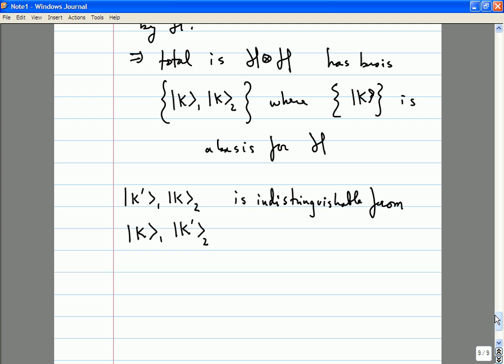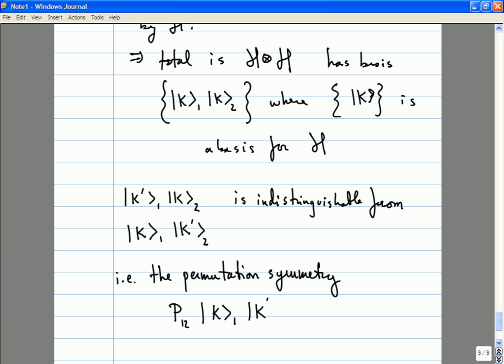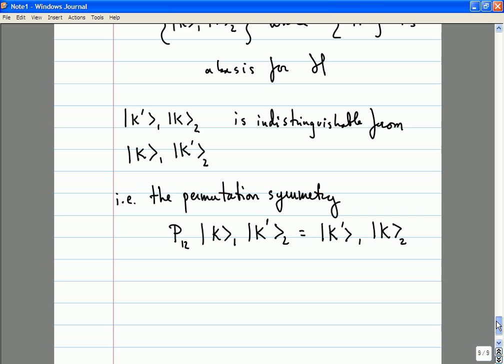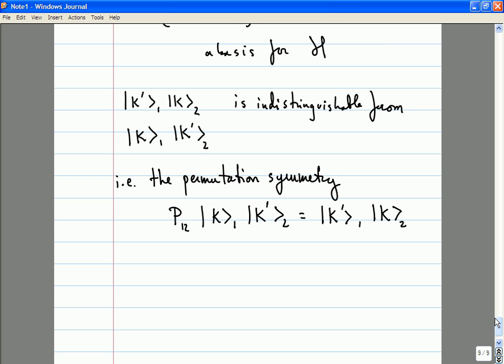It means that the permutation symmetry P12, whose action is defined by its action on these basis elements as just the operator which interchanges the two states, commutes with the Hamiltonian.